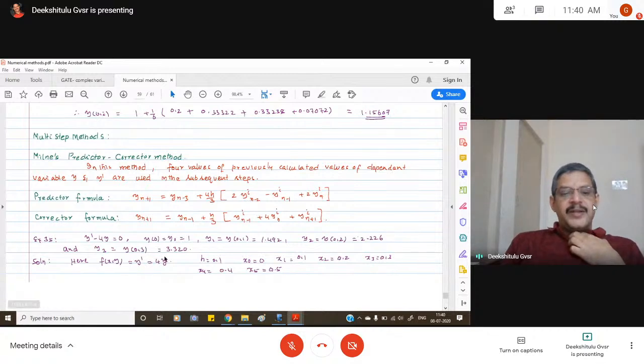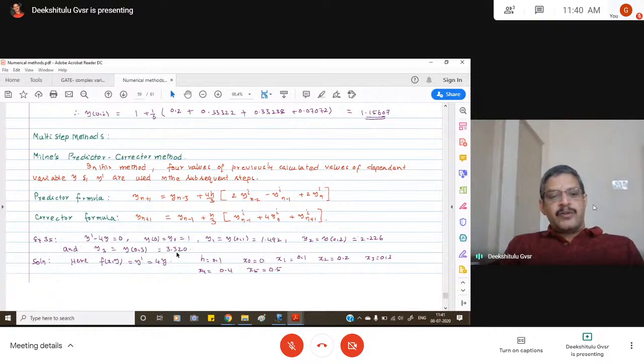f of x, y is equal to y dash is equal to 4y. Because the equation is given as y dash minus 4y is equal to 0, if you compare this with y dash is equal to f of x, y, your f of x, y is equal to 4y. h is equal to 0.1 because y at 0, y at 0.1, y at 0.2, y at 0.3 are given.